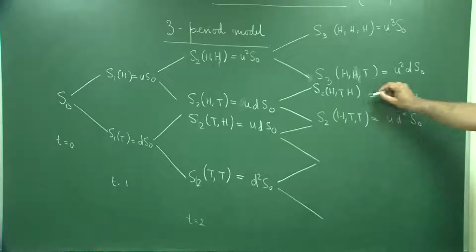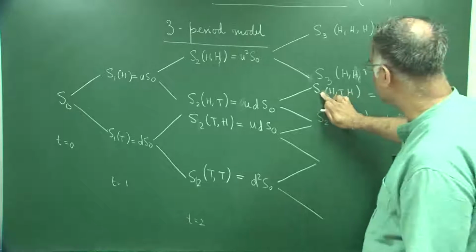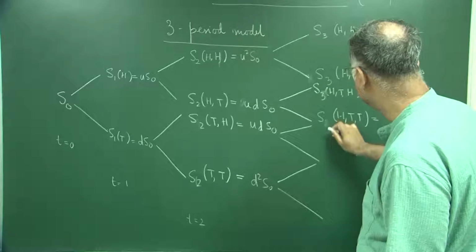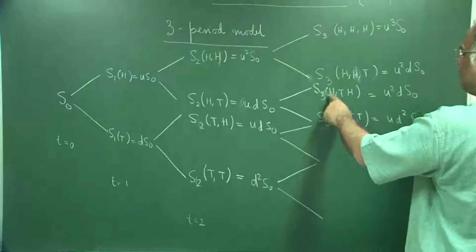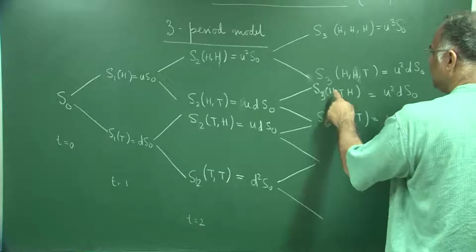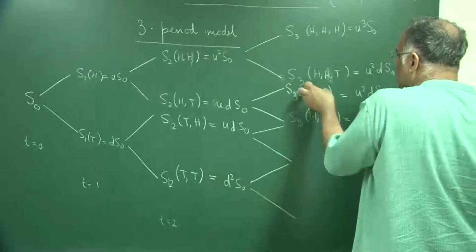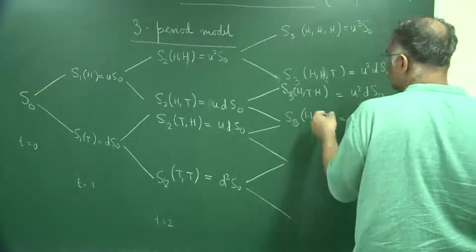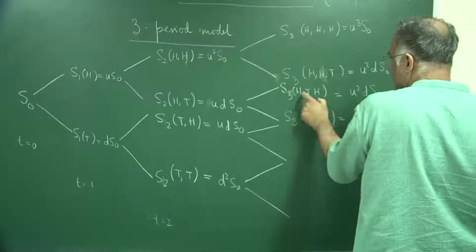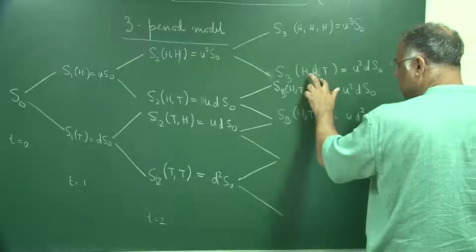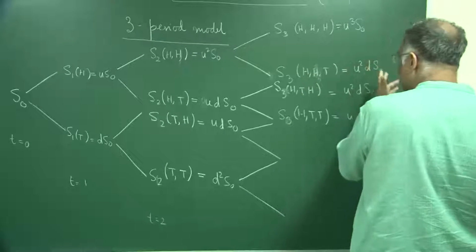So, you see these are equal. S3 HHT, S3 HTH, if two heads or two tails, and if the basic structure, not the permutation, is same, you basically have the same outcome.